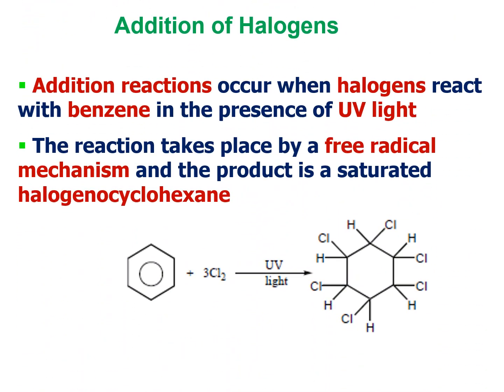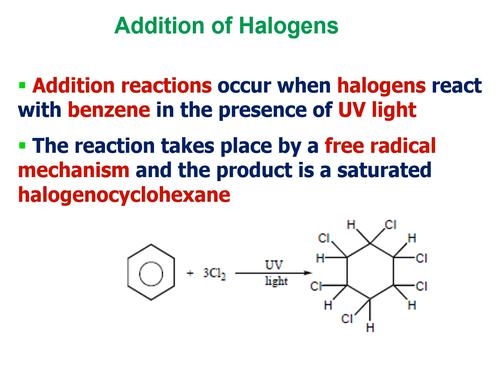Why benzene resists that is because this can occur under UV light, so it's a free radical mechanism, but it's going to take away every unsaturated nature of benzene. Benzene becomes cyclohexane again, but this one is going to have 6 halogens, so it becomes hexachlorocyclohexane, making it lose its aromatic nature.